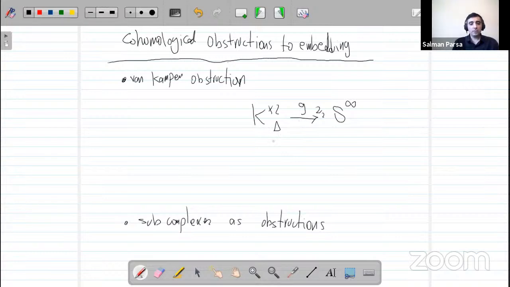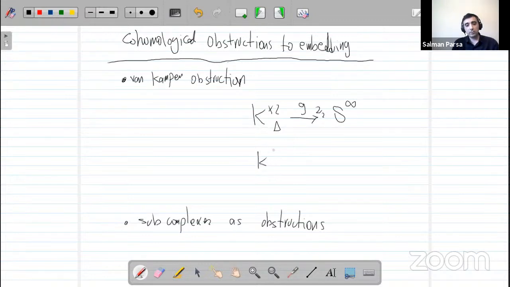You can just start embedding any Z2 complex into S infinity by embedding the vertices and then edges, etc.